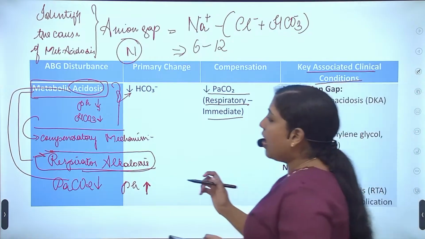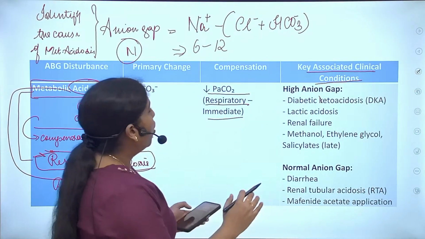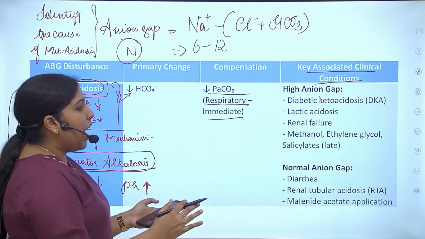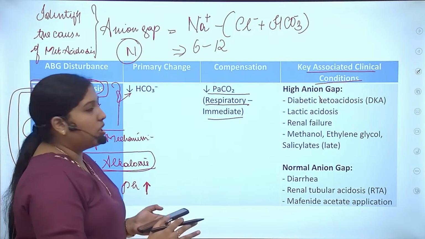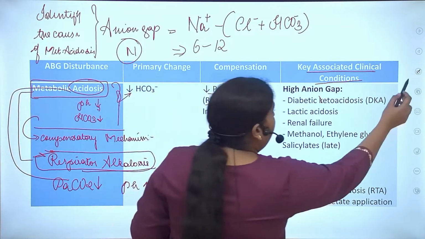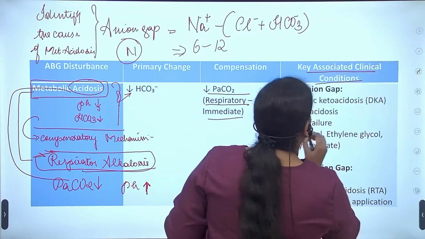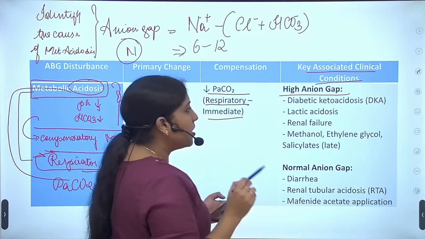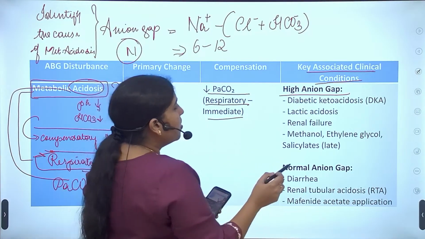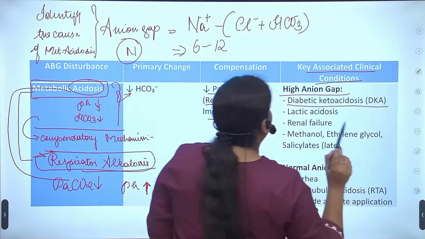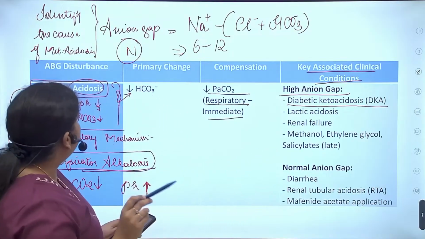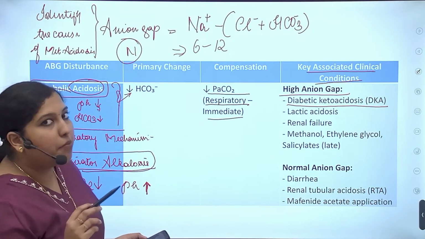So here we have certain conditions which are going to have a high anion gap and a normal anion gap in metabolic acidosis. If you talk about the high anion gap, what is the reason for high anion gap? That is your diabetic ketoacidosis. In case of diabetic ketoacidosis, what is happening?